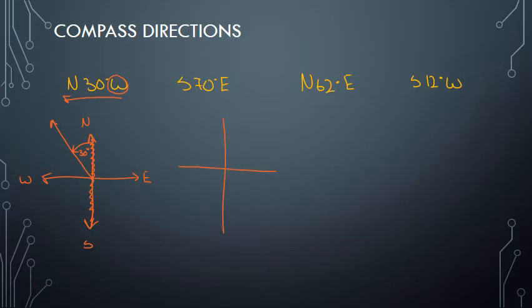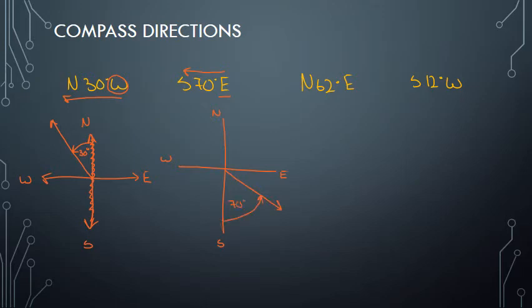Again, start here and read backwards. East, never eat soggy wieners. I'm going to go 70 degrees east, so I'm going in the east direction, 70 degrees from the south line. That's a bit bigger, I'd say, like that.